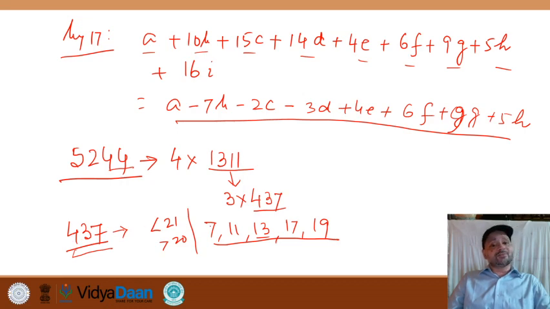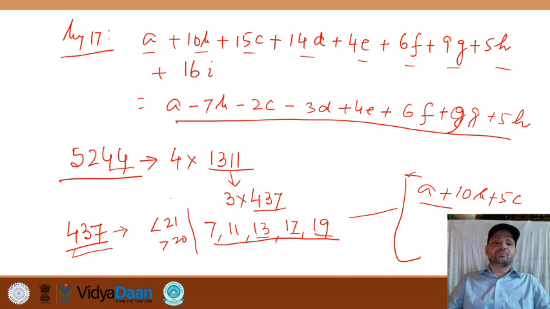So again that is not divisible by 13. By 17 also it will not be. By 19, if you check, the formula is a plus 10b and then plus 5c.